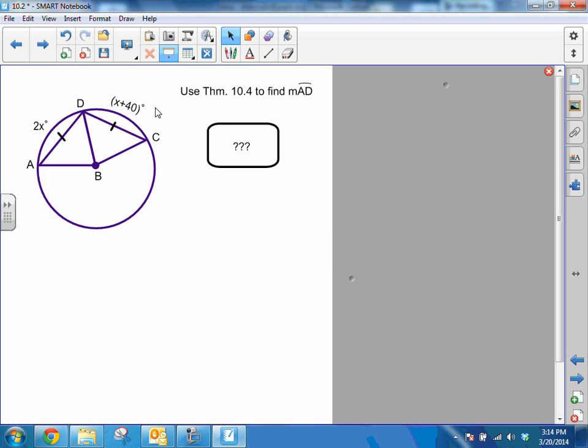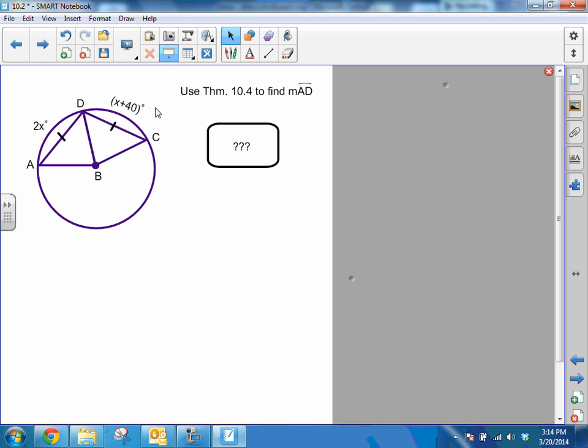Raise your hand if you can tell me what we have in the picture. What's going on here? Ethan, what do you have in here? But what do you have? Very good. We have two congruent chords, AD and CD.